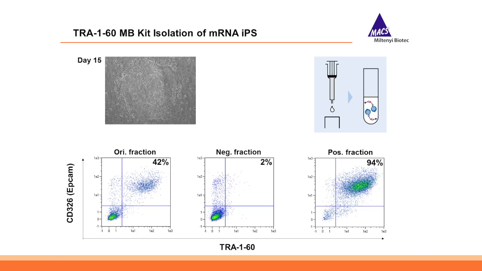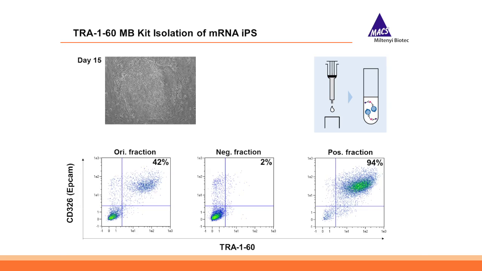And this is working like I will explain now. So you have your pluripotent cells, which are expressing TRA-1-60. And we have very, very small microbeads, which bind to the TRA-1-60 positive cells.